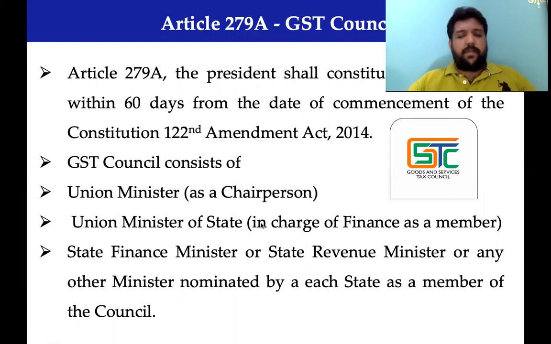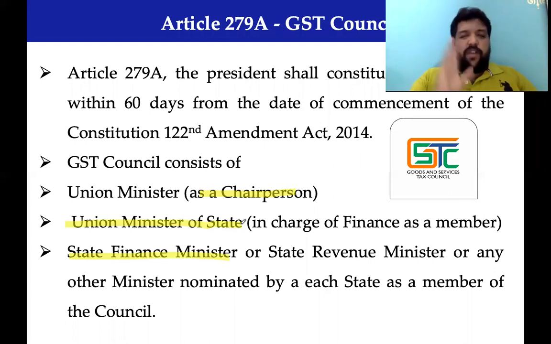GST Council is a place where the Union Finance Minister chairs the seat, or the Union Finance Minister is called the chairperson. All the state finance ministers have a seat, and no doubt the Union Minister of State, who is also in charge of the finance ministry, very popularly called MOS, will also form part of the GST Council.